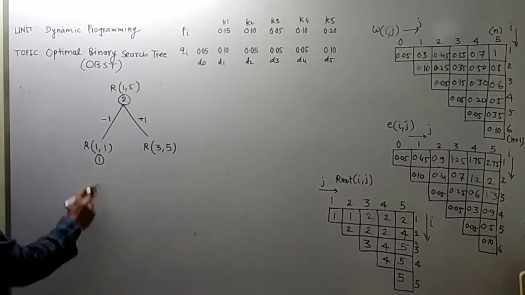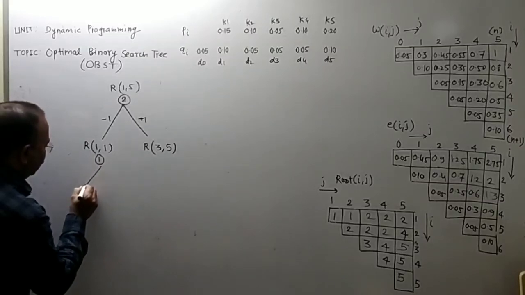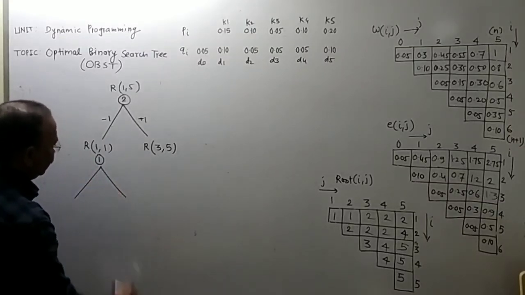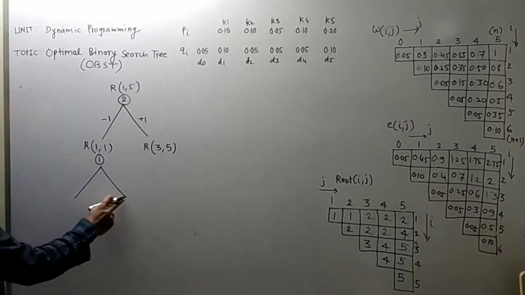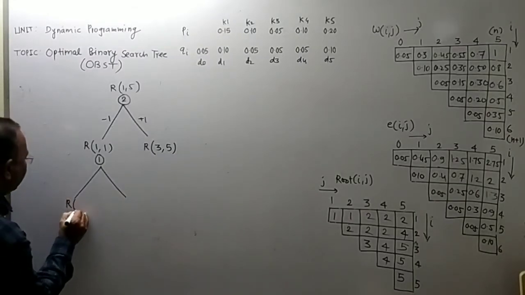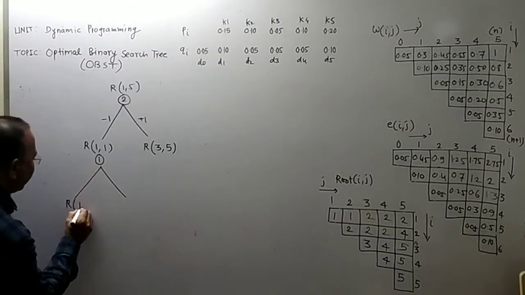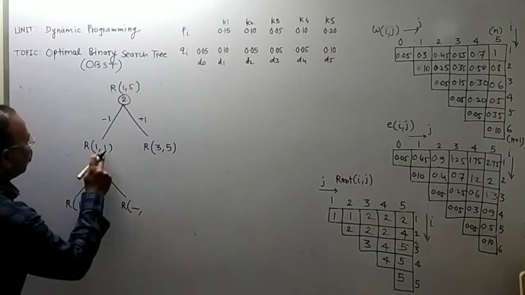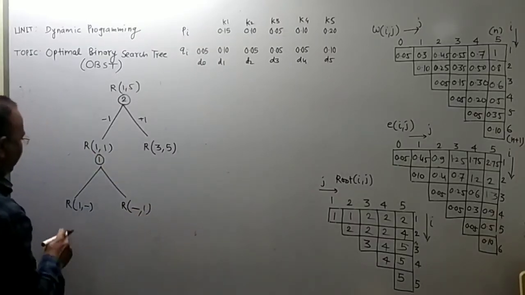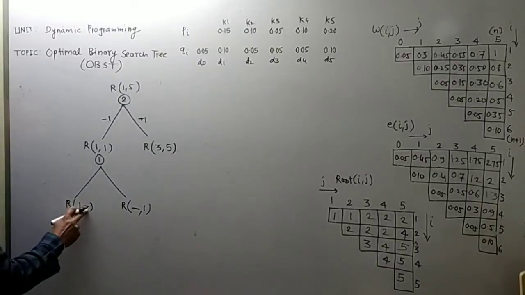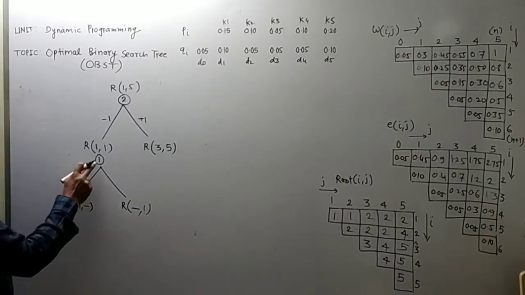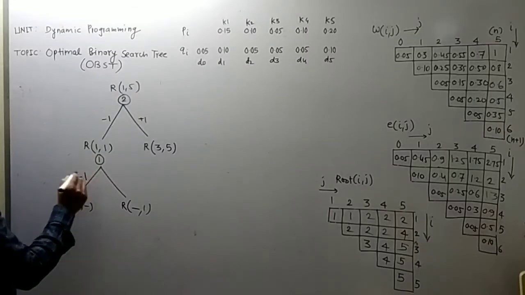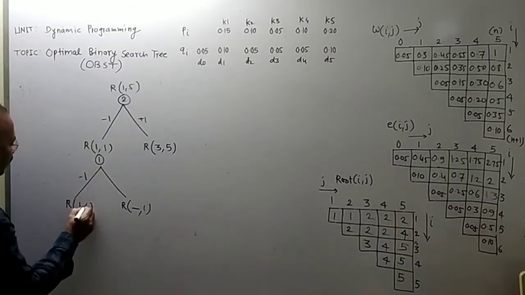Again, this is an actual key. There will be two children, left and right, which are 1 comma dash and dash comma 1. For this place the value will be 1 minus 1, that is 0.